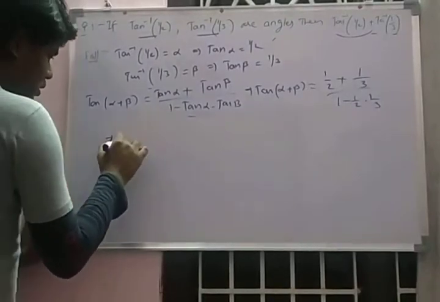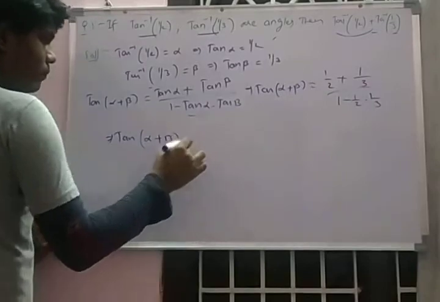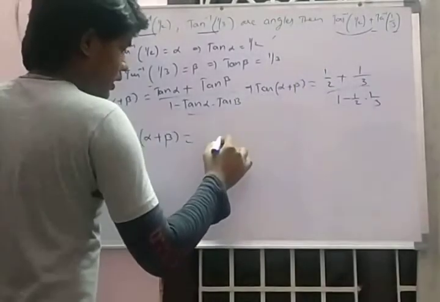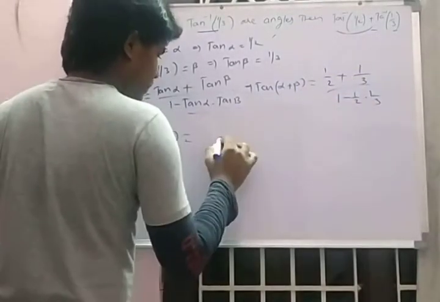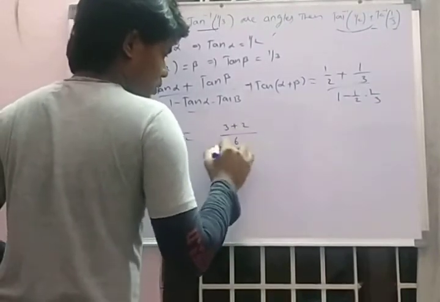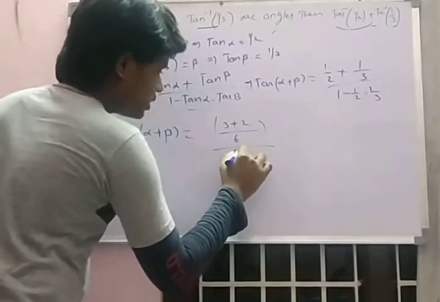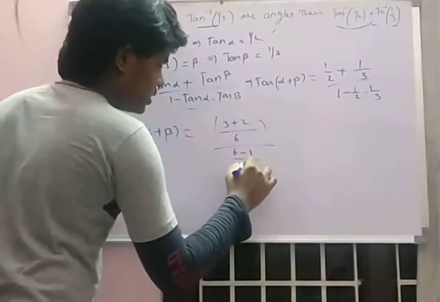Then tan of alpha plus beta is equal to, here LCM is 6. So 3 plus 2 by, here 6 minus 1 by 6.